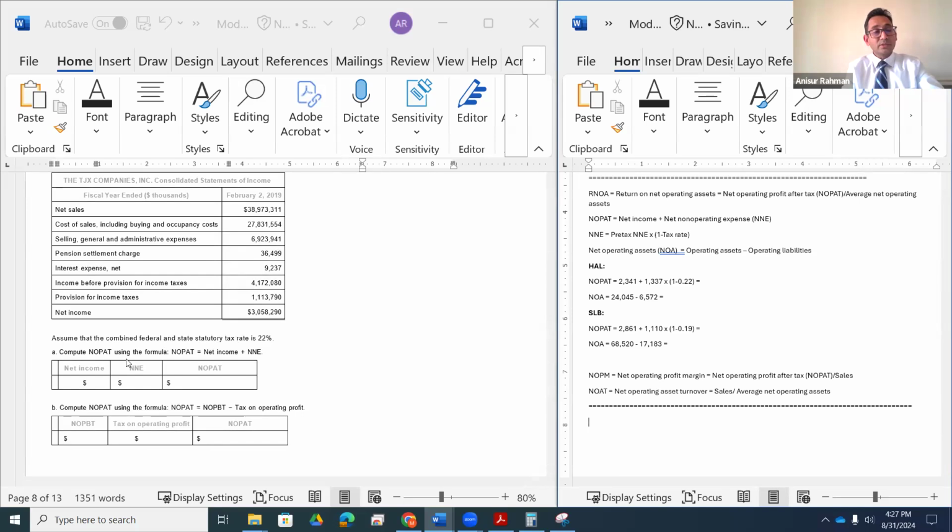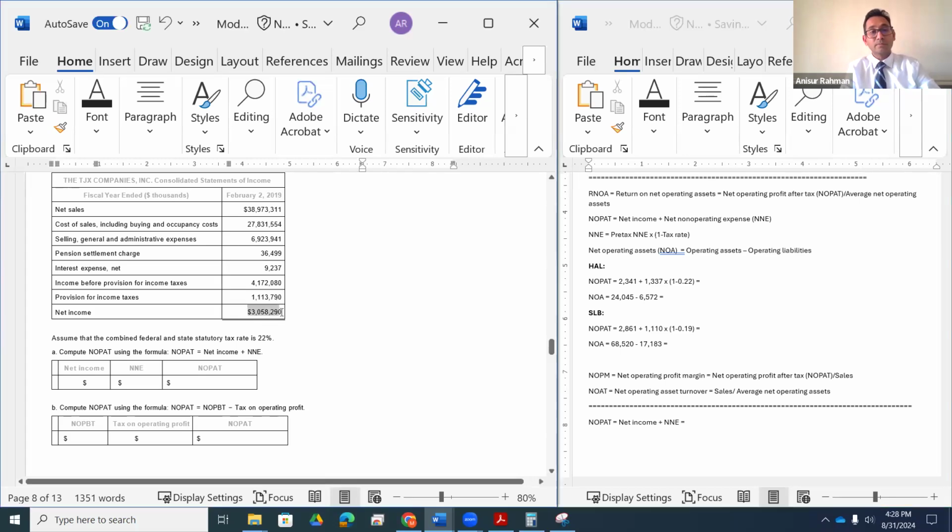It also says calculate NOPAT using the formula NOPAT is equal to net income plus NNE, which we already used before. So NOPAT is equal to net income plus NNE.